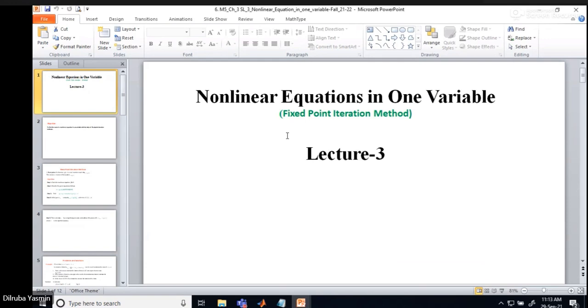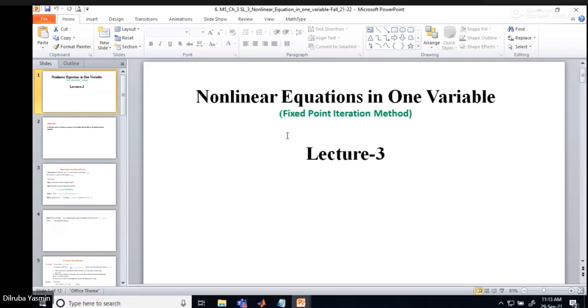If I ask you to do 3 iterations, you have to perform the first iteration, then the second iteration, then the third iteration, and after that you will consider the solution of the nonlinear equation in one variable based on the requirement of the examiner.